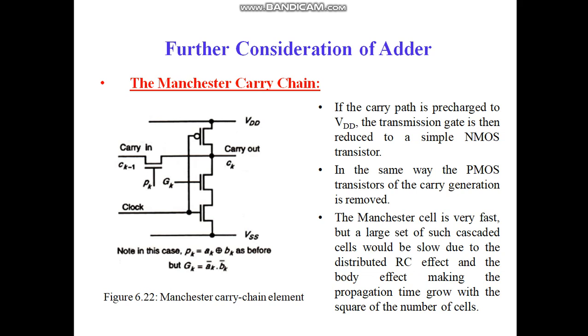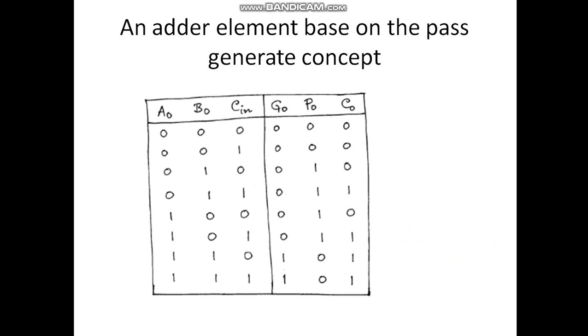Now let us see what happens when Pk is equal to 0. When Pk is equal to 0, this NMOS does not turn on. So the output depends upon this CMOS dynamic logic. Here Gk is equal to Ak bar into Bk bar. So let us consider a condition where A and B are 0. When A and B are 0, the output should be 0.